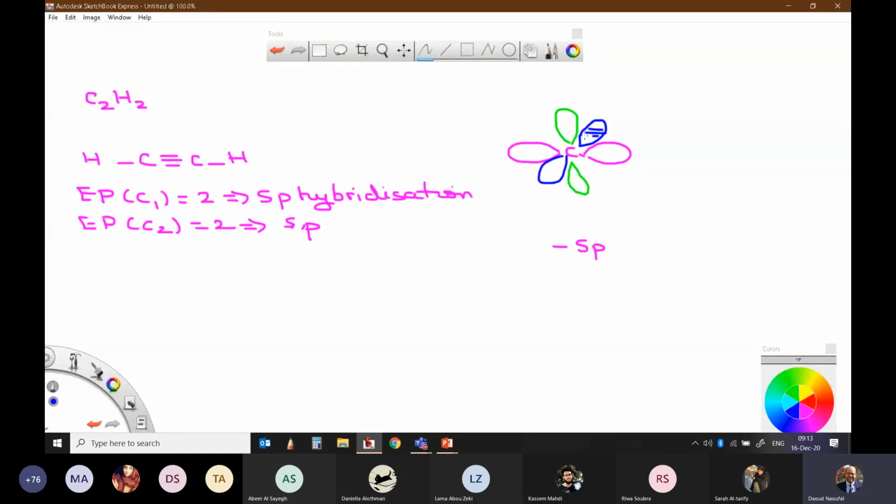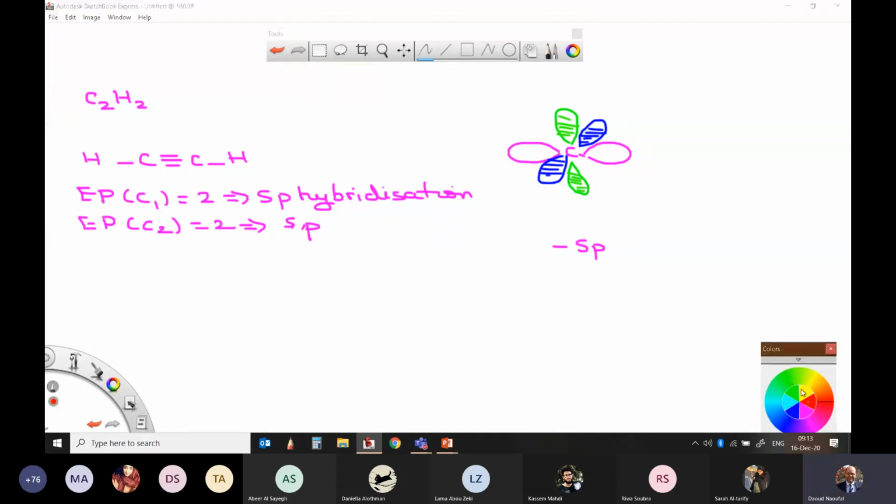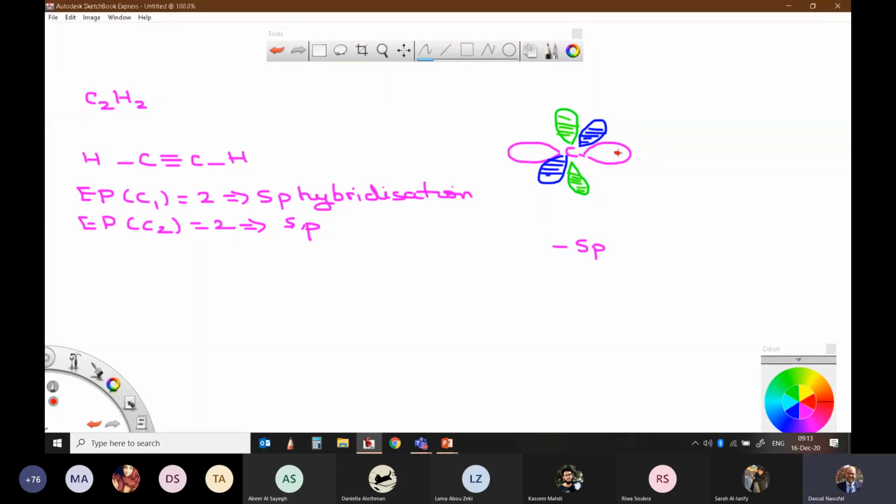So this is the first p, and this is the second p. How many electrons do we have? 1, 2, 3, 4. The figure of the second carbon is the same.